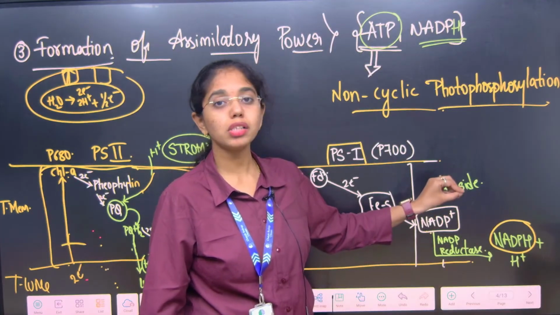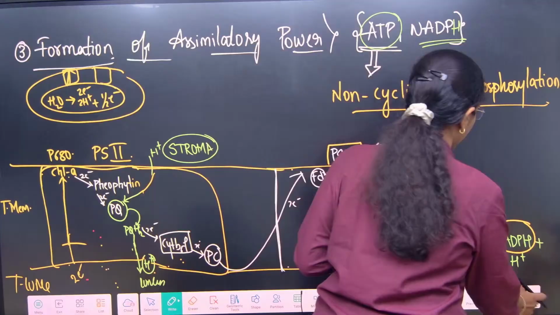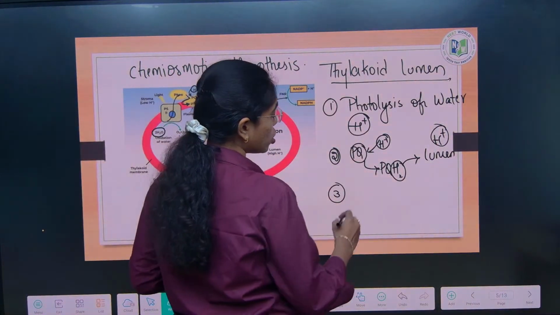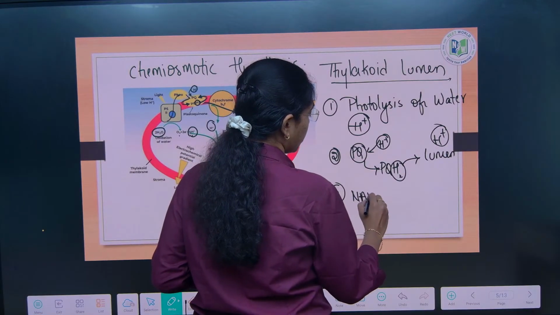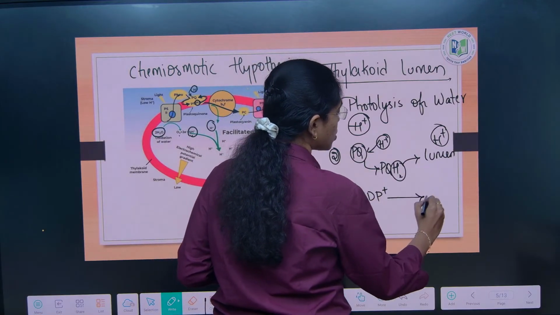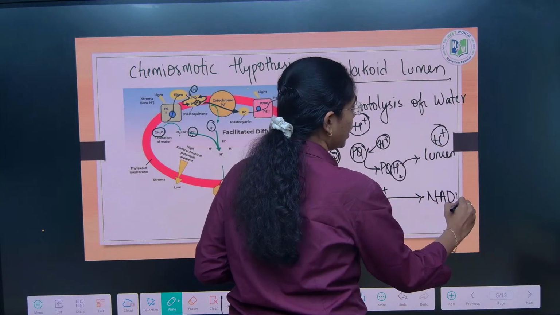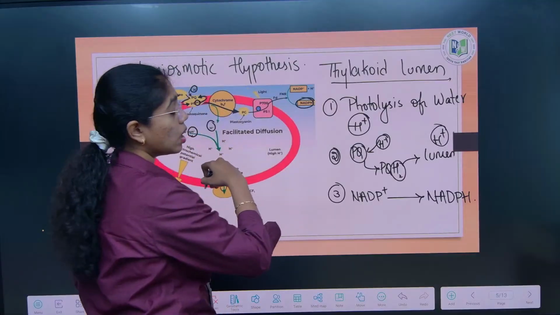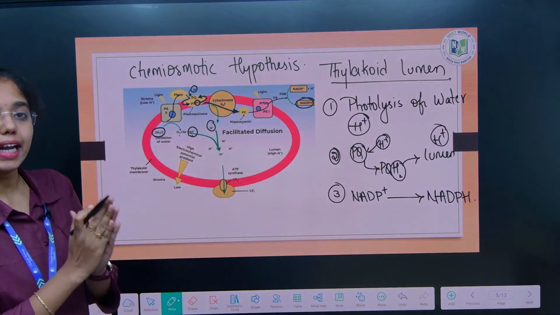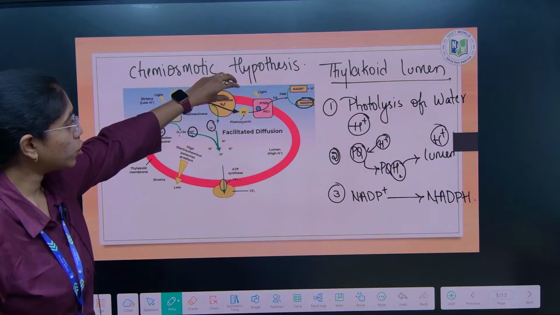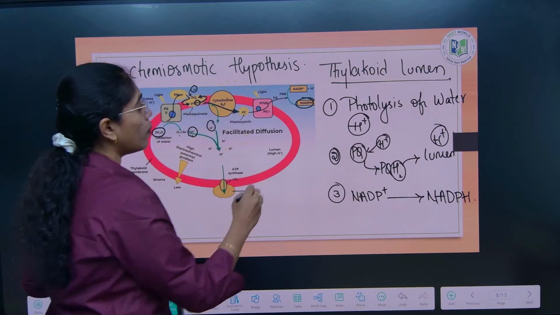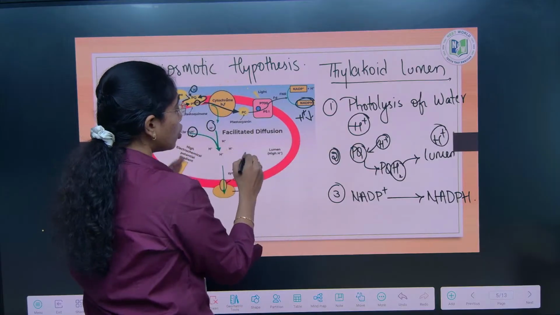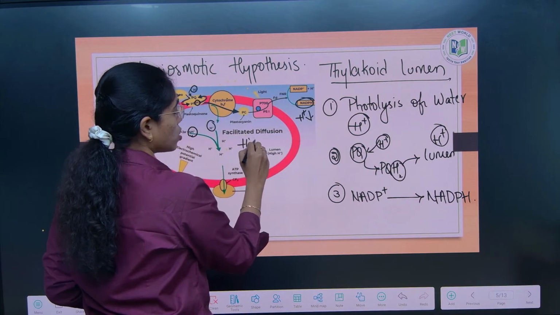Likewise, protons are completely reduced in the stroma. So the third step for reduction of protons in stroma is NADP plus being reduced to NADPH. Got it? Likewise, a proton gradient is generated from stroma to lumen. In the stroma the proton concentration is reduced, whereas in the lumen there is high proton concentration.